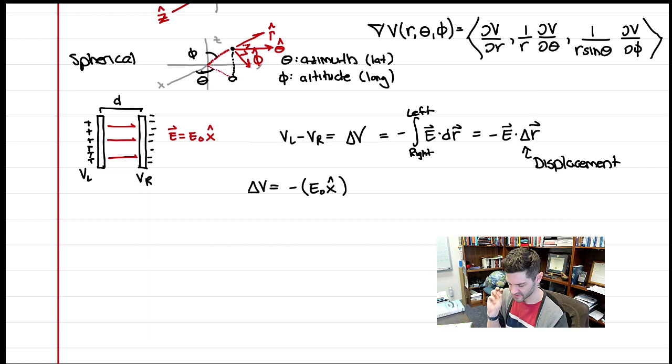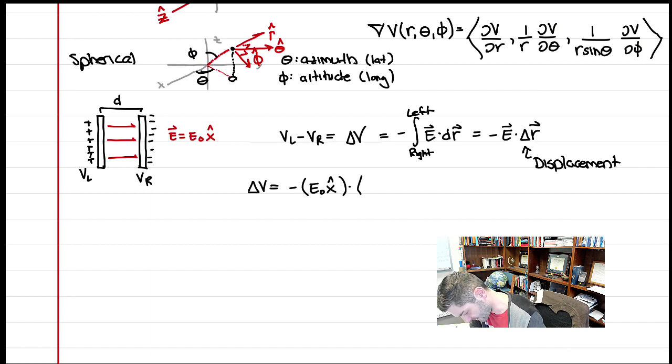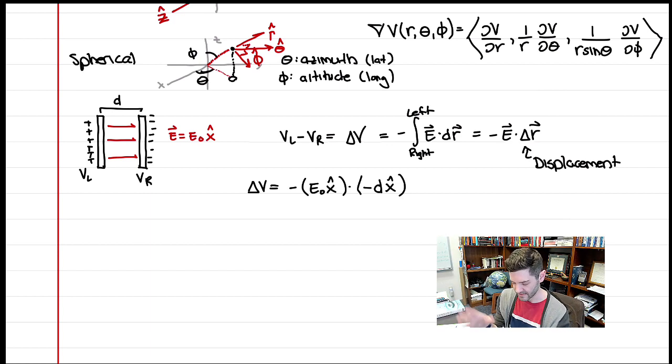And then my net displacement, where I moved a distance d, but I moved to the left. You can imagine moving horizontally to the left. It's going to be the dot product with negative d times x hat, since I'm moving to the left, and the amount of distance I moved is d.